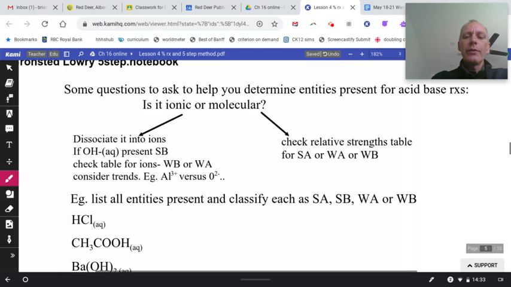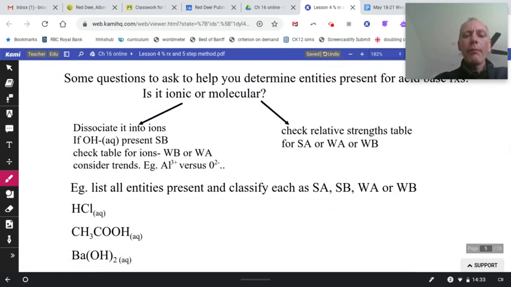So what you have to do is, when you are given a compound, there's a little bit of a flowchart or a decision tree. You have to look at it and decide whether it's ionic or molecular. If it's molecular, go and look it up. If it's a strong acid, then you 100% ionize. And if it's a weak acid or a weak base, you just leave it.